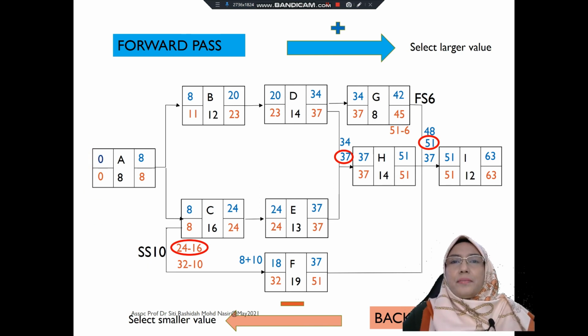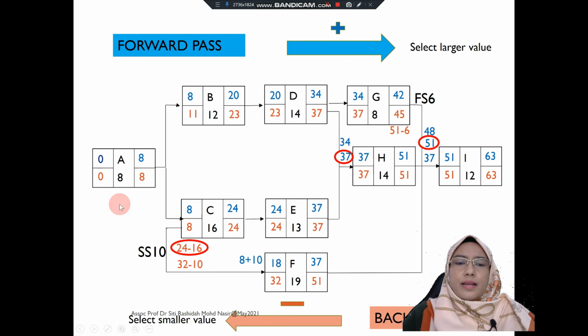Next, we need to determine which are the critical activities, for us to determine the critical path. Similar to the critical path method, in order to determine the critical activity, the total float must be 0. The total float is calculated as late start minus early start, or late finish minus early finish.